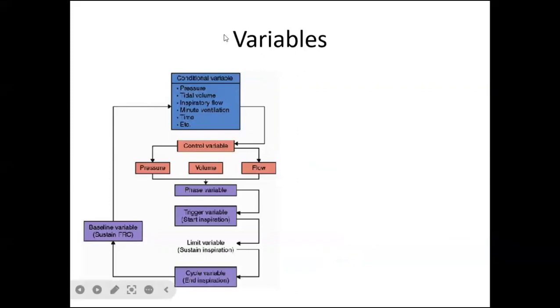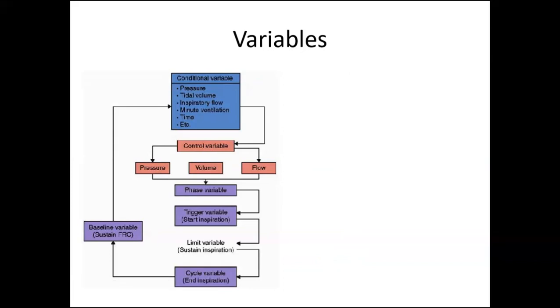So these are the variables which are essential for us to control the ventilator and to design our strategies in ventilation. In this orange one you can see the control variable. The control variable is the variable which we can control directly.